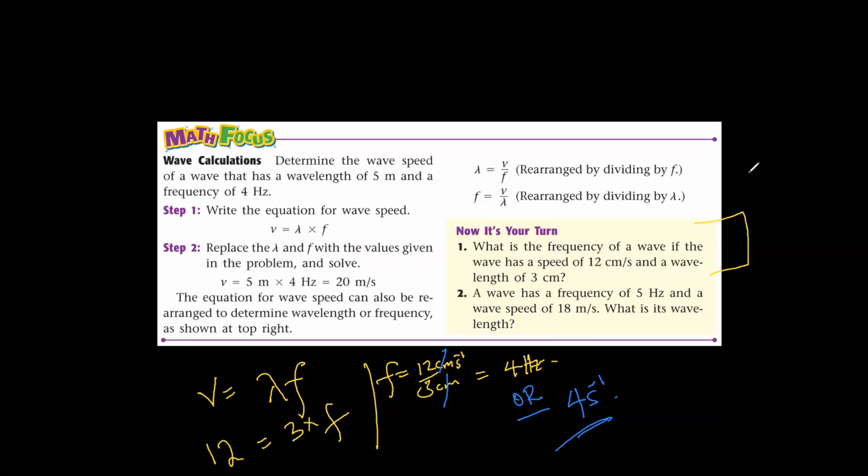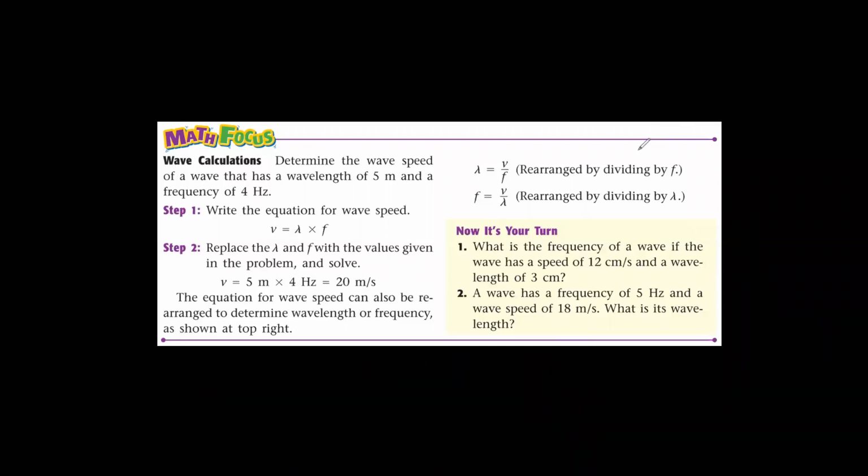All right, the next question is Ayush. Help us, number 2. So the question says a wave has a frequency of 5 Hz and a wave speed of 18 meters per second. What is the wavelength?